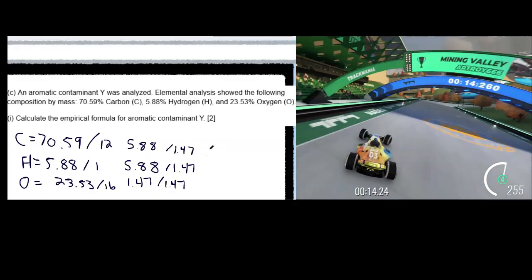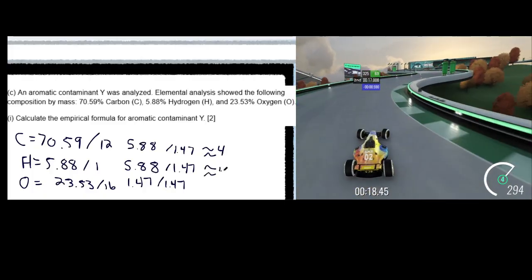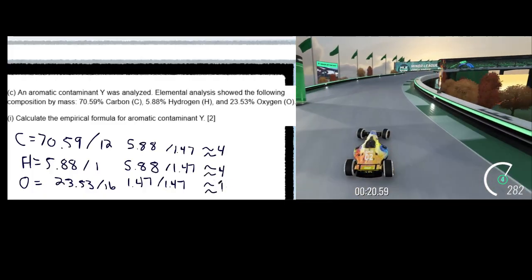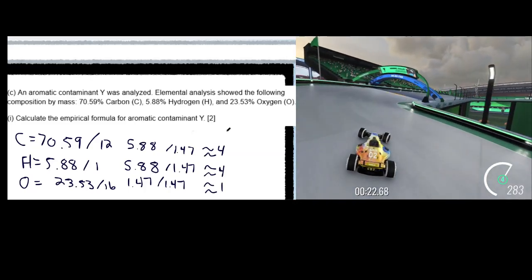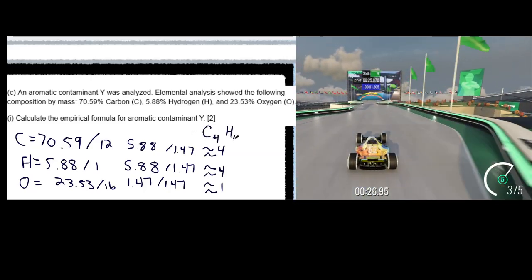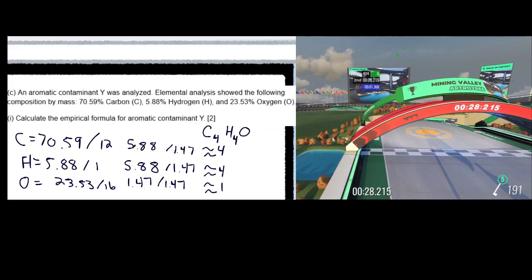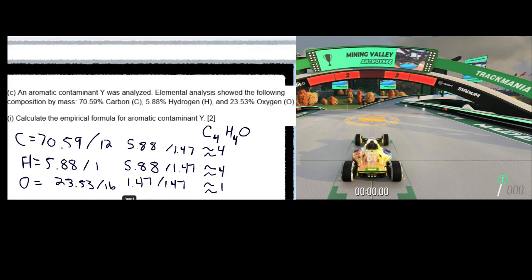Then we end up getting numbers close to 4, about 4 and 1, which means our empirical formula is C4H4O. And that's it for this question.